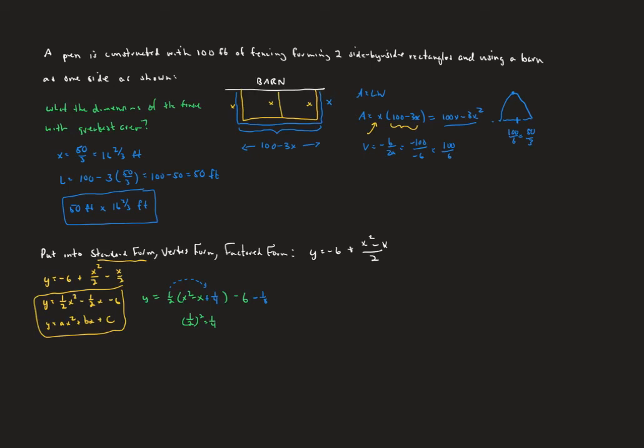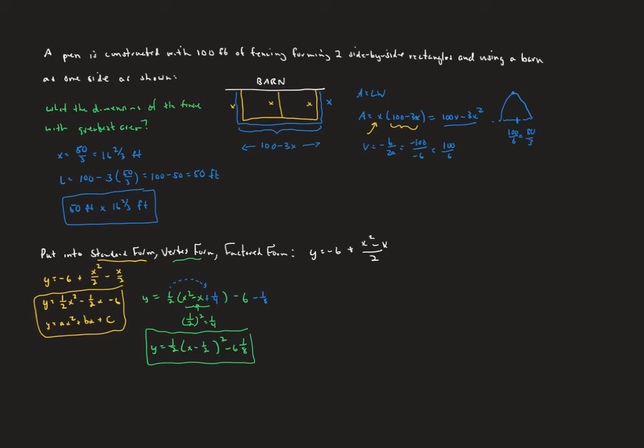So in vertex form, we're going to get y equals 1/2 times x minus half of that middle term, which is 1/2, squared, and then we can leave that as a -6 1/8, or call it 49/8. Either way, that is going to be our vertex form.